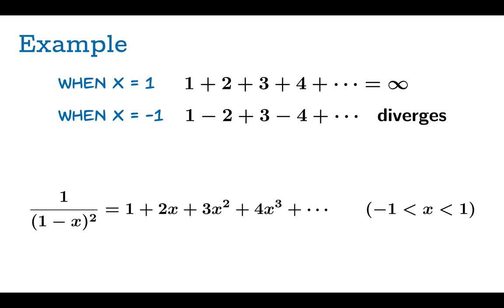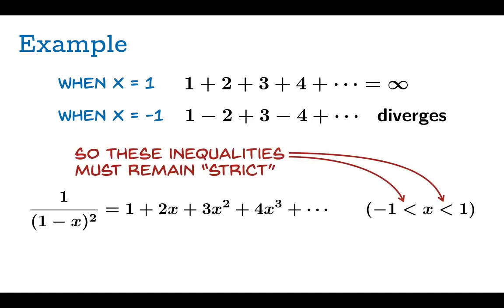So those partial sums don't go anywhere. They just sort of wobble and explode in magnitude, and that series diverges. Okay, since the series diverges at both endpoints, these inequalities have to remain strict. We can't possibly claim that they're going to be true at x equals negative 1 or 1, because the right side diverges, so that can't happen.